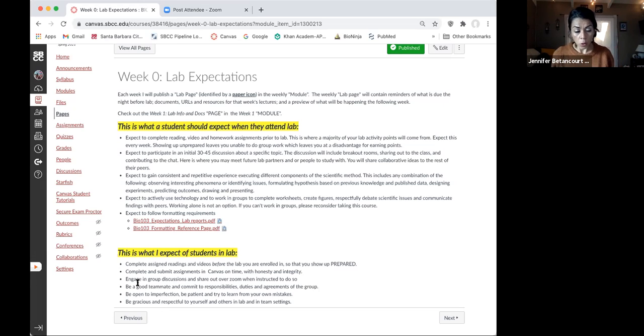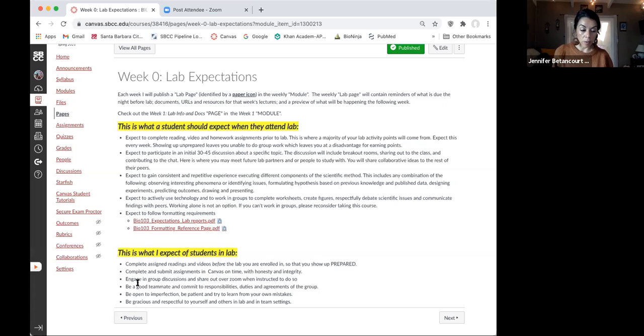Okay. So when you do get broken into breakout rooms, I do expect you to engage in the group discussion. So that does not mean you're just in the lab and you never join the breakout room. It doesn't mean you just sit there with your camera off. I do strongly encourage you, unless there's extenuating circumstances that do not allow you to do that, I expect that when you go to your breakout rooms that you have your camera on and you have your audio on and you're not using chat.